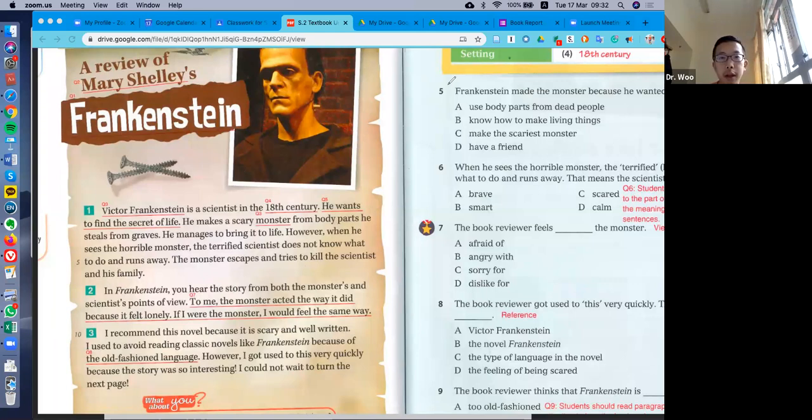The key is one word in the first paragraph.